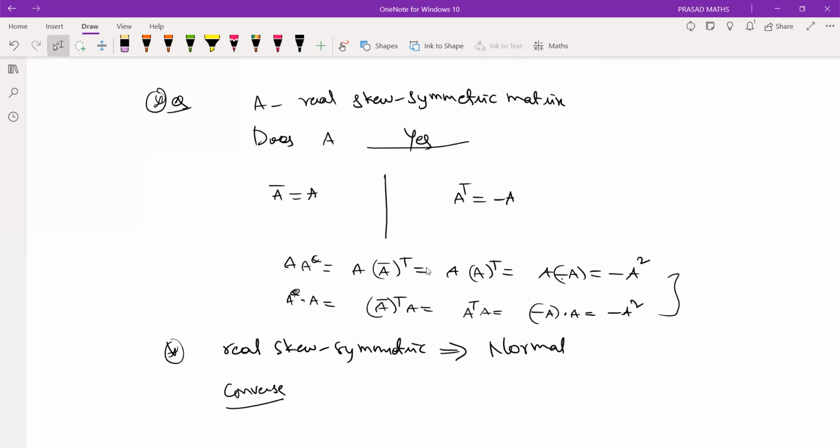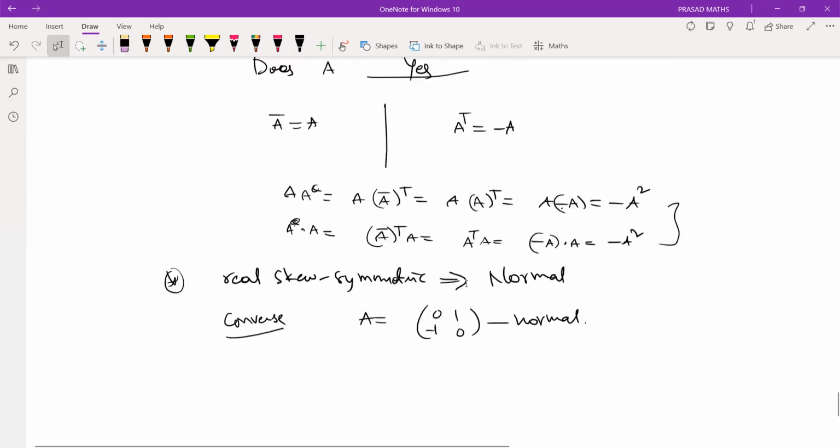Just now we have seen 0 1 minus 1 0, and it is normal. In this case the converse works, but look at a different example. Now try to give another example.